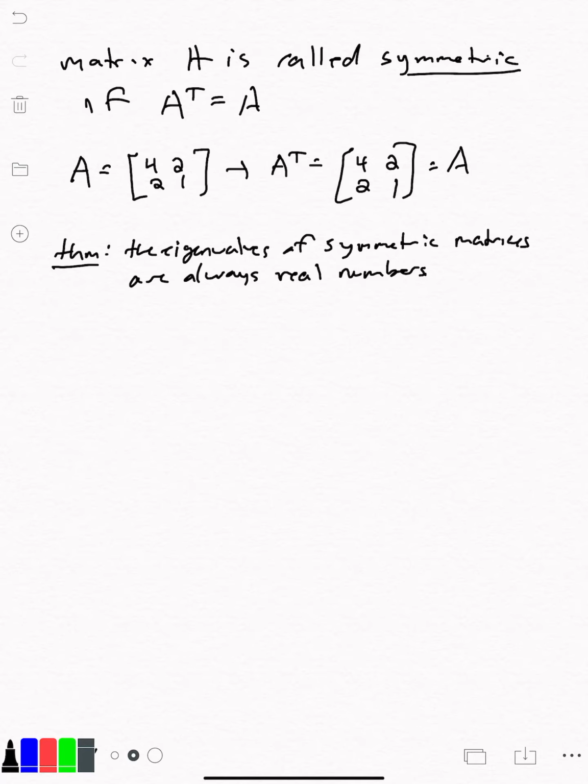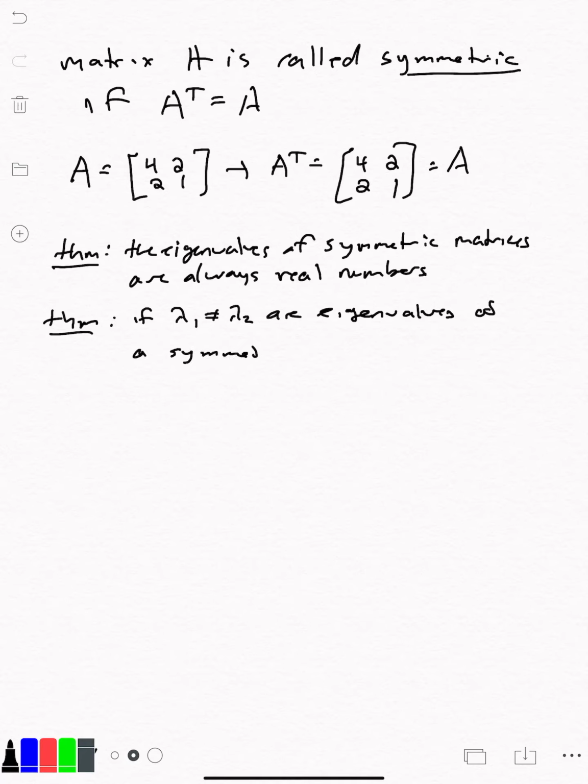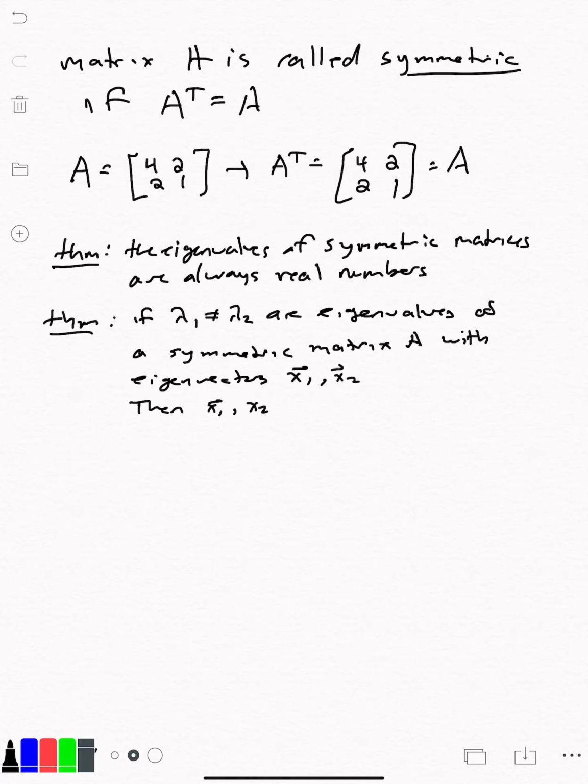But there's another property of symmetric matrices, and this is the one that's really going to be useful here, is that if you ever have two different eigenvalues of specifically a symmetric matrix, and you have corresponding eigenvectors x1 and x2, then x1 and x2 will be orthogonal, perpendicular.